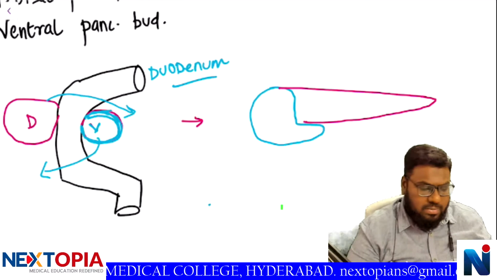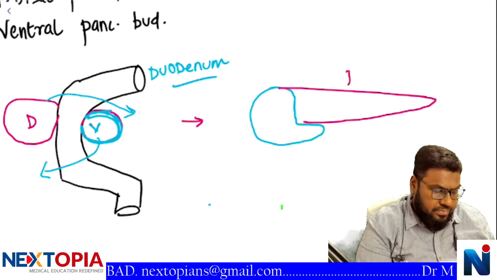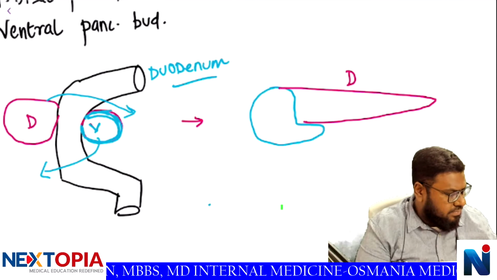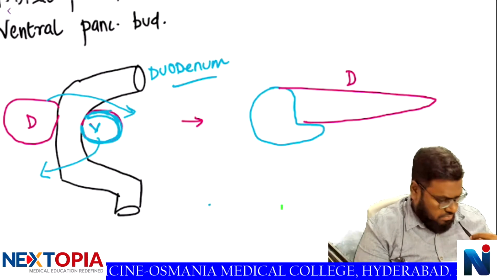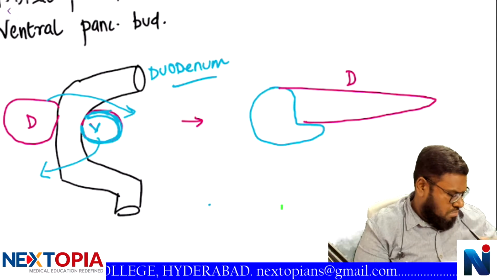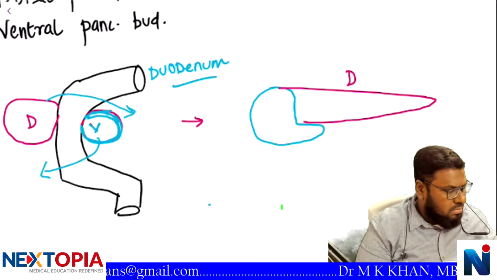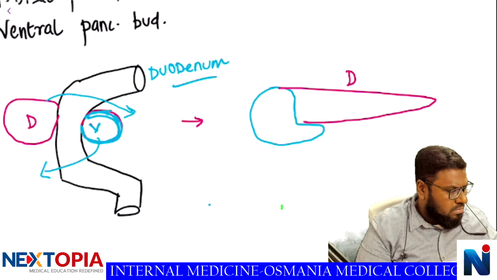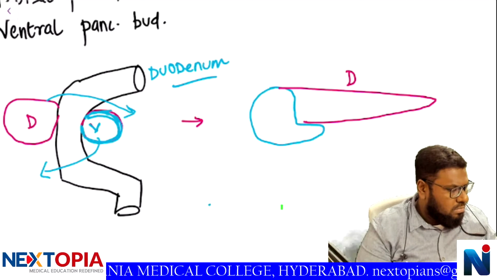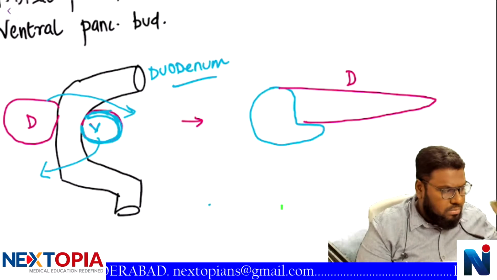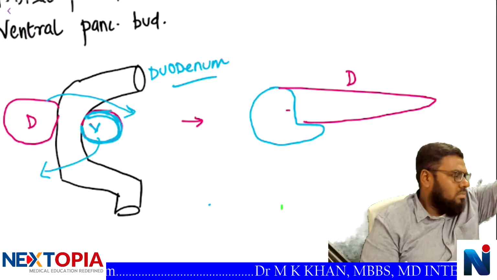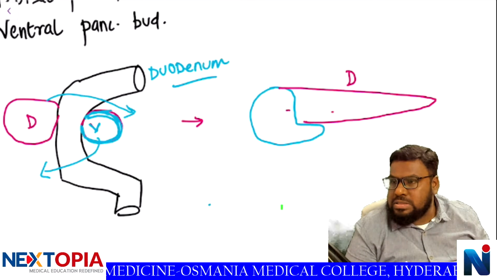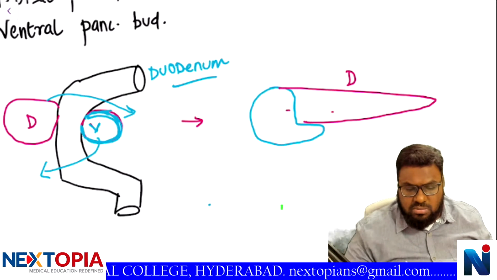Body and the tail of the pancreas are formed by the dorsal pancreatic bud, whereas the head and uncinate process of the pancreas are formed by the ventral pancreatic bud.